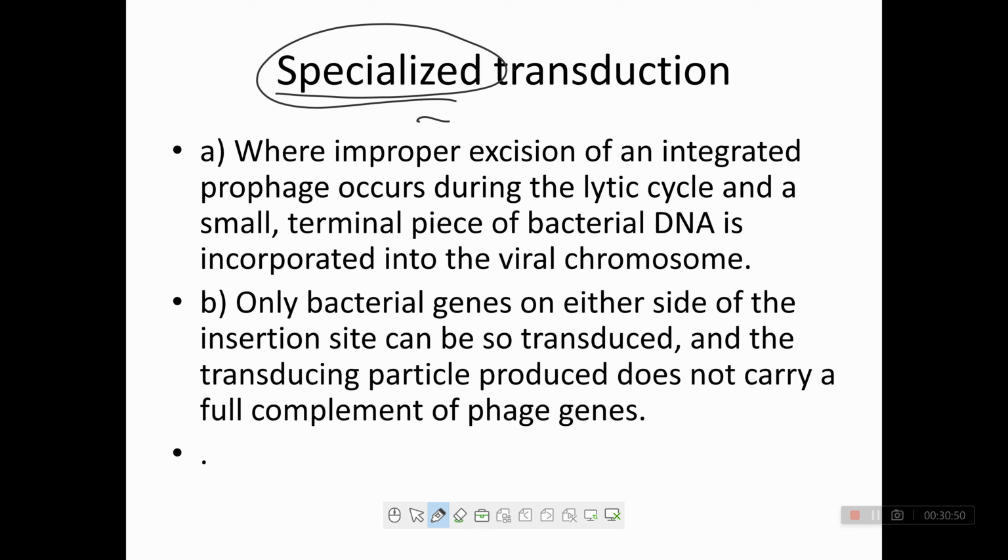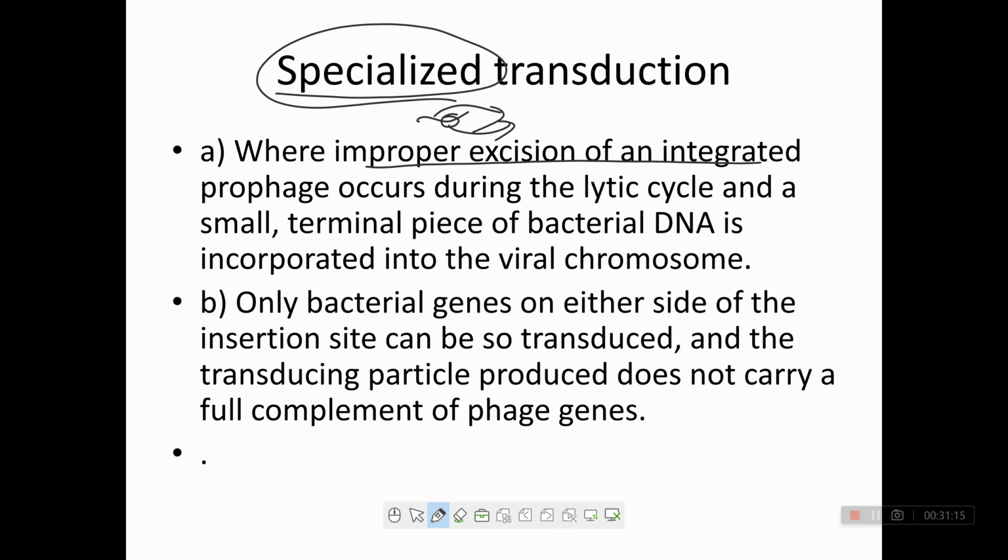So in this process, not the whole DNA of the donor will be transferred into the recipient cell. A small, special piece of DNA or gene will be transferred inside the recipient cell.